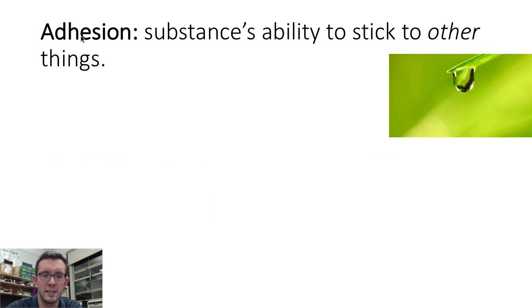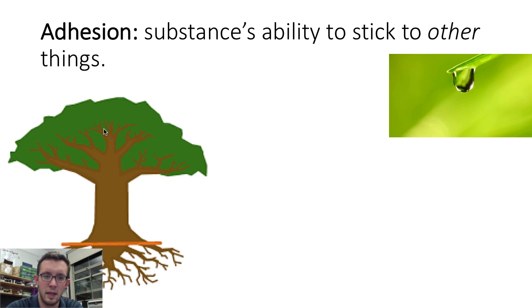Now, of course, water can stick to other things too in a process called adhesion. We can see an example of adhesion here as this water molecule sticks to the bottom of the leaf. And one of the most important examples of adhesion in biology is how plants absorb water.